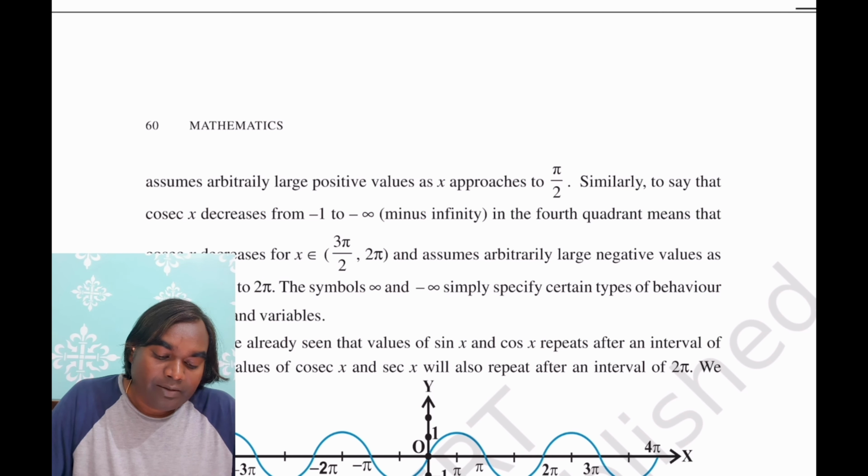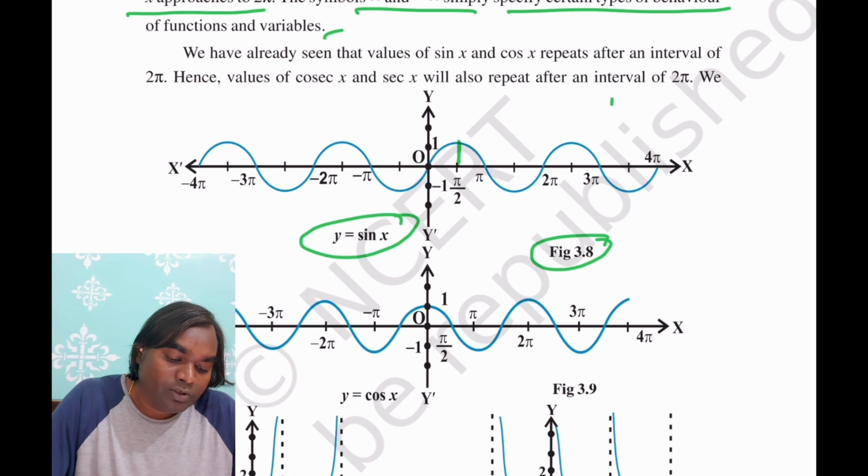Now you can see from figure 3.8 the variation of sin x. When the angle varies from 0 to pi by 2, its value becomes maximum, that is 1, and as we move from pi by 2 to pi, it starts decreasing.